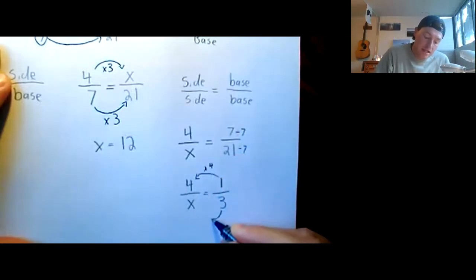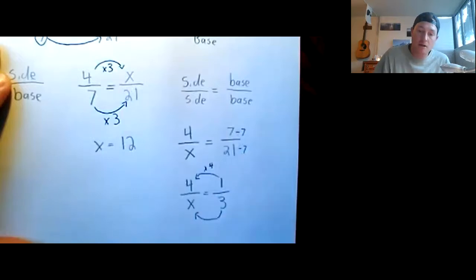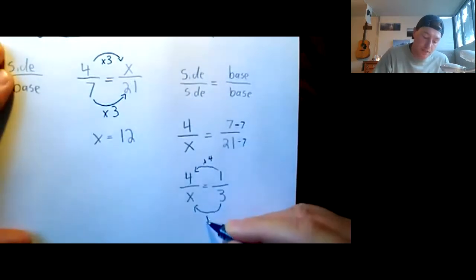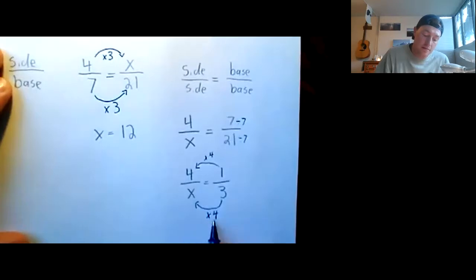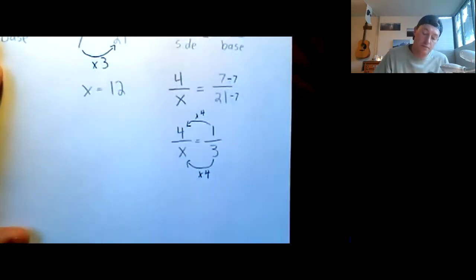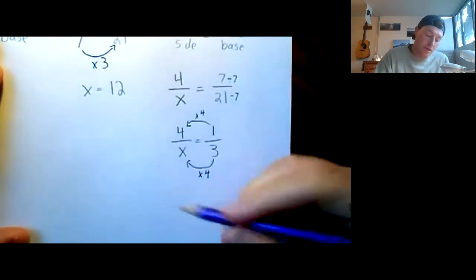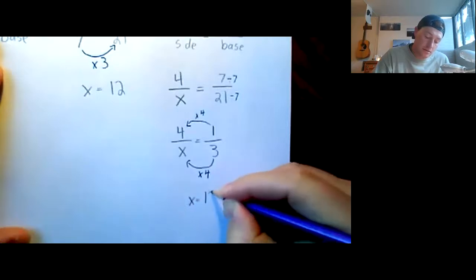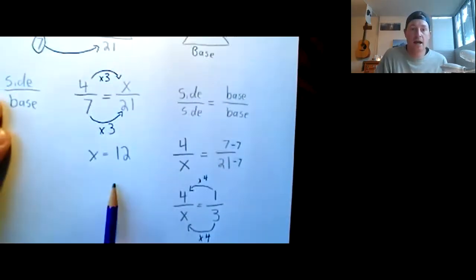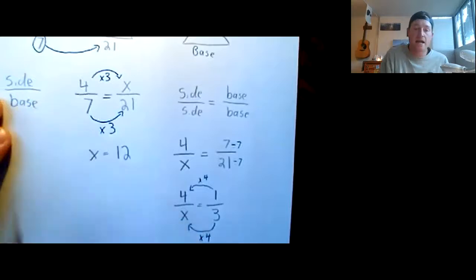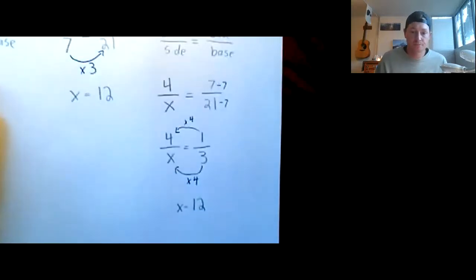I'm going to apply that same relationship down here in my denominator, times 4. 3 times 4 is 12, and there's my value for x. And you'll notice that's the same thing that we got when we did our side to base comparison.